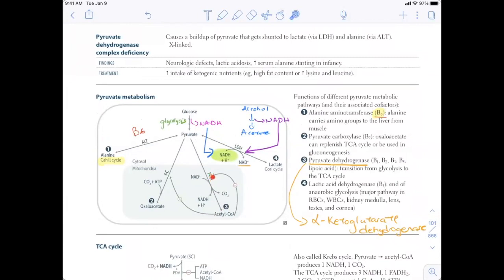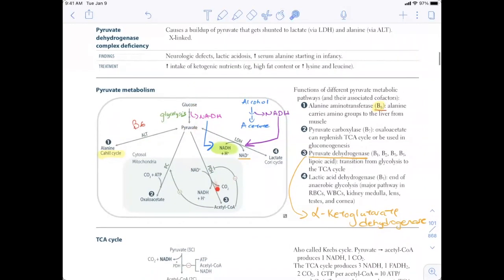In that process, NAD is being converted to NADH, which is why, to move forward with this, I need to have more NAD and less NADH. If you can go down this route and make acetyl-CoA, then maybe you can go all the way to your citric acid cycle, and then your electron transport chain, and you end up making a whole bunch of ATP.